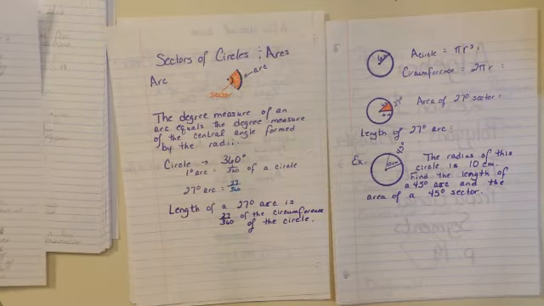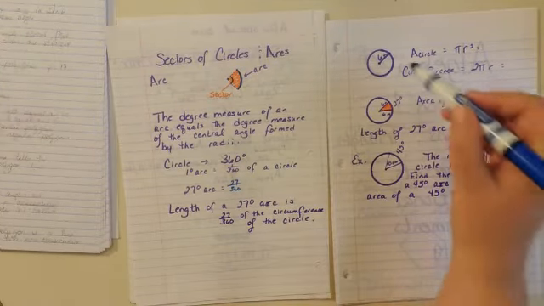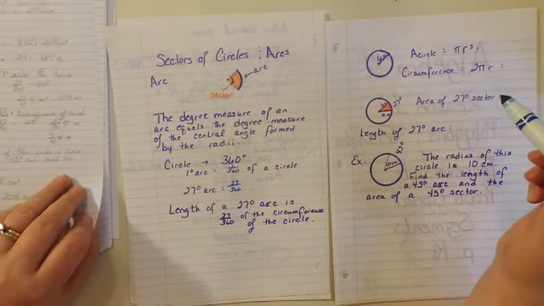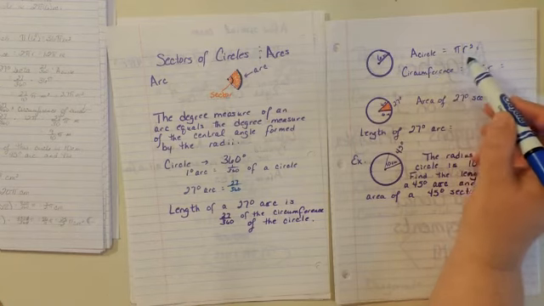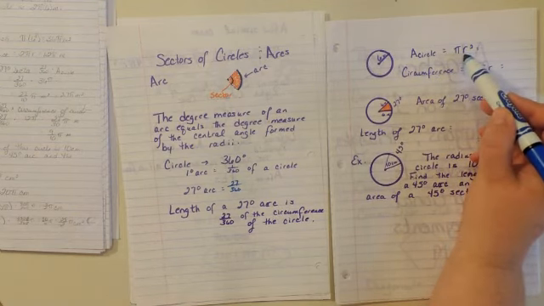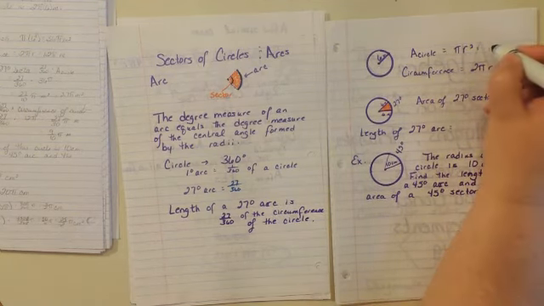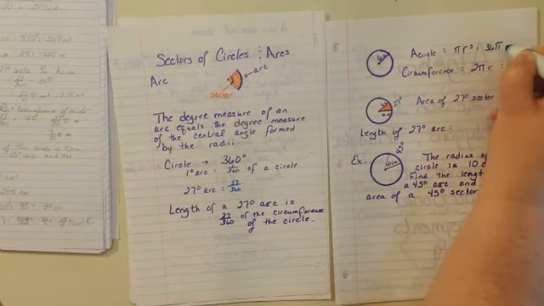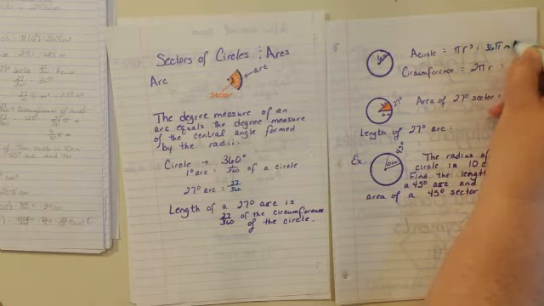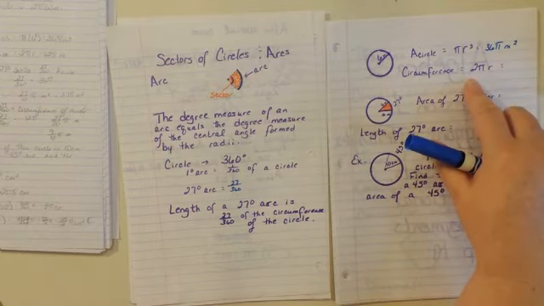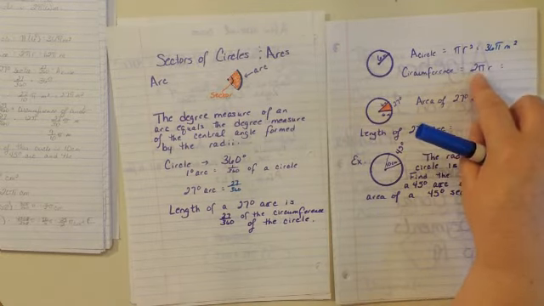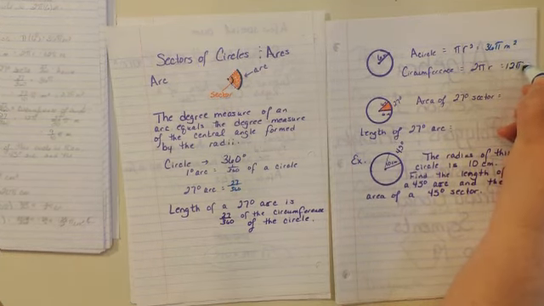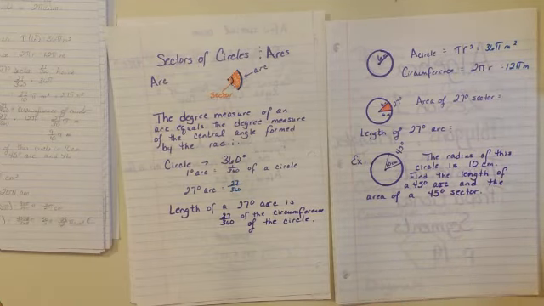So if the radius of a circle is 6 meters over here, the area of the circle is pi r squared, so pi times 6 squared, which is 36, so that would be 36 pi meters squared. The circumference of the circle is going to be 2 times pi times r, so that would be 12 pi meters.